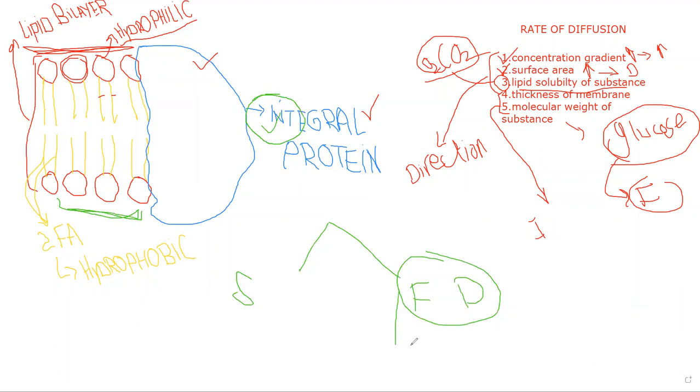An example of facilitated diffusion is the transport of glucose molecules across skeletal muscle and adipose tissue.